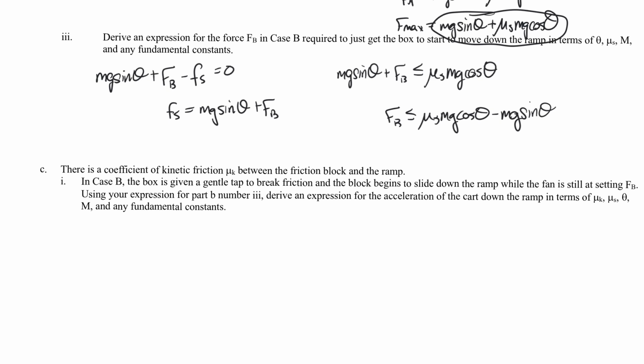Yep. Wouldn't it also be an equal sign because you're trying to find the force required to just get the box to start to move down? Yeah, I mean, truthfully, I should set that to make them equal, because that will be the amount to make it start moving. So, you're right. All right.